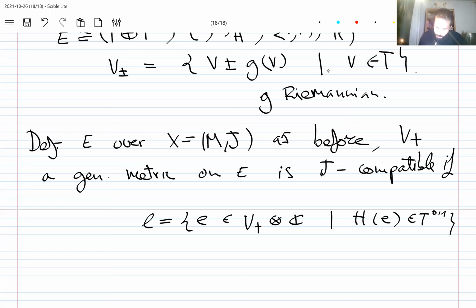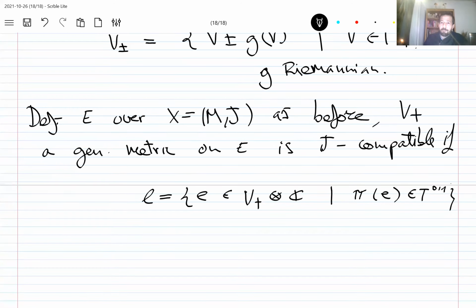This is supposed to be a pi, but my pi's look like H's and it's horrible. If this is a lifting of tangent 0,1.